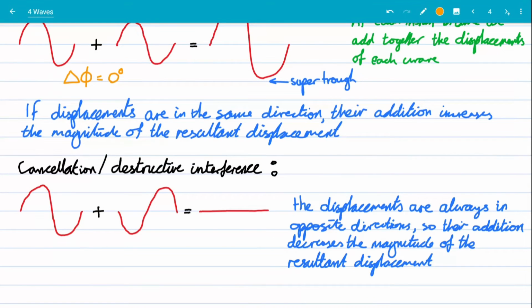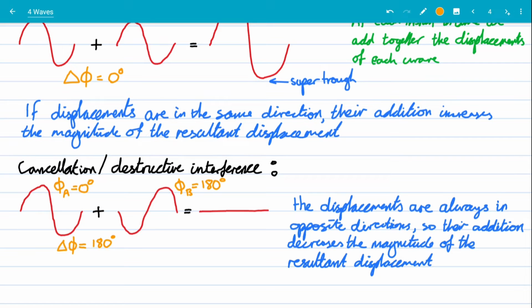They're in phase. But in this example, the phase of wave A is 0 degrees. But look, wave B is exactly in antiphase. So we say the phase of wave B is actually 180 degrees, or pi radians. And so in this case, the phase difference between those two is 180 degrees.